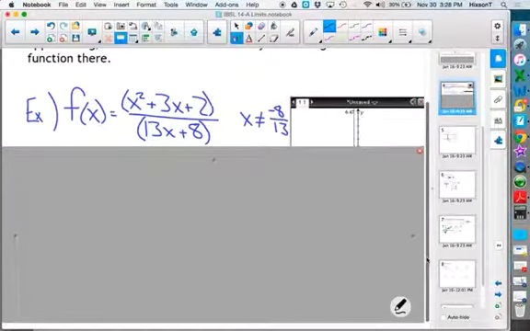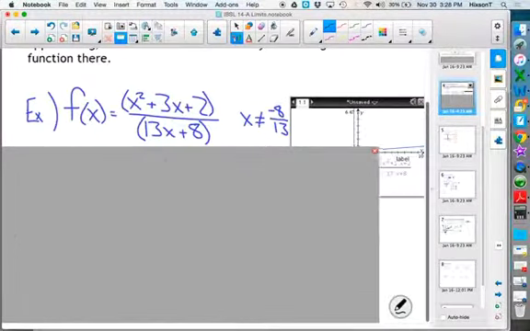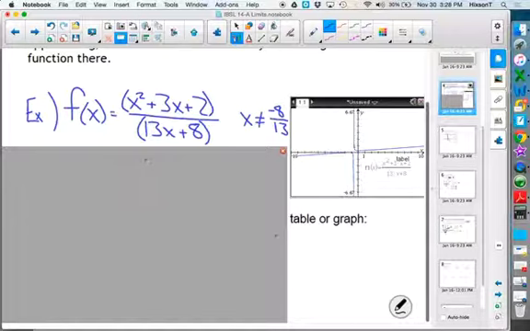Here's an example. Okay? We have this rational function, f of x equals x squared plus 3x plus 2 over 13x plus 8. Our domain, x can't be negative 8/13. And you can see here, that's what that function would look like. It actually has a slant asymptote and a vertical asymptote. Okay?